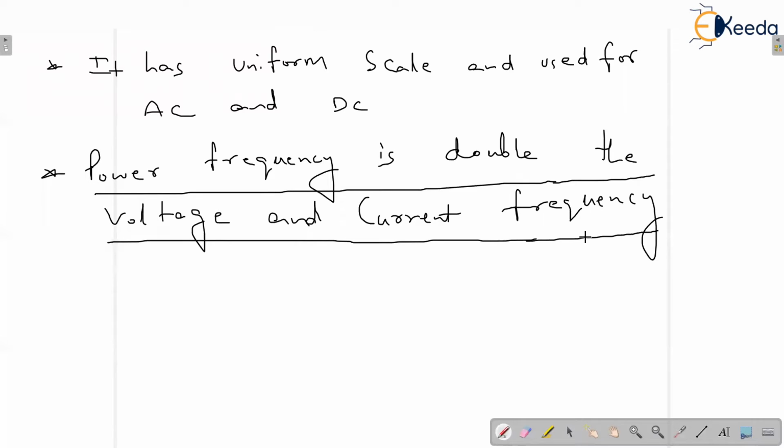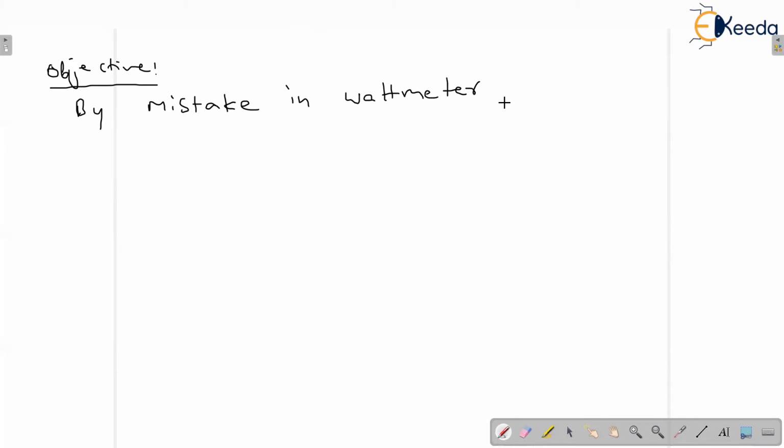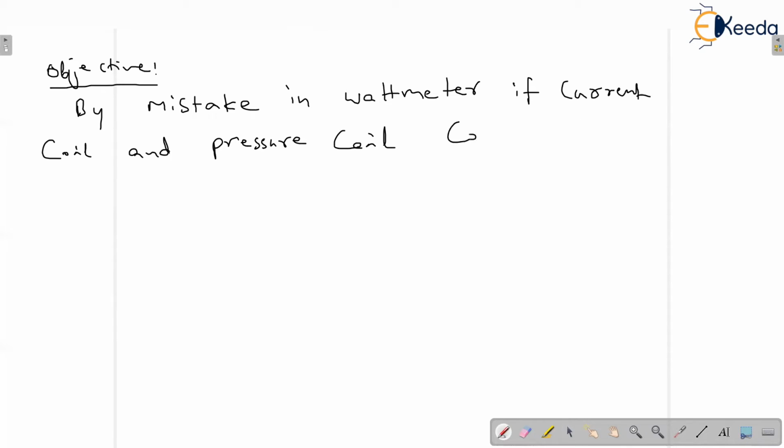Then next, one objective question. By mistake, in a wattmeter, if the current coil and pressure coil connections are interchanged, then what happens? A, it shows reading.